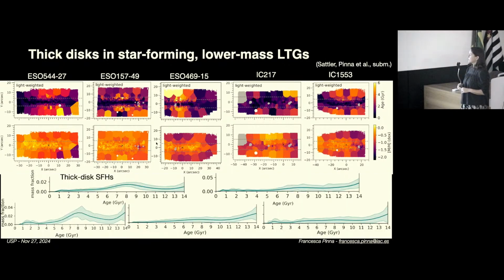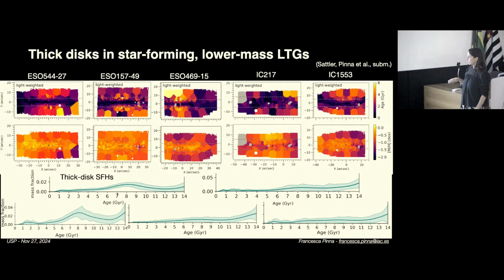When we extract the star formation histories of the thick disks in these galaxies, we also found something very different. If you remember, the star formation histories that I showed earlier were truncated here with a very strong component at very old ages.